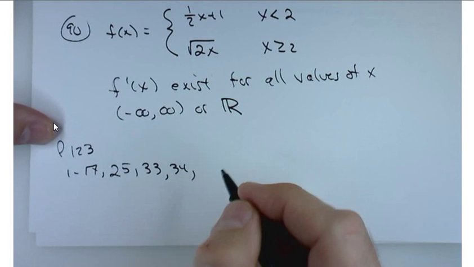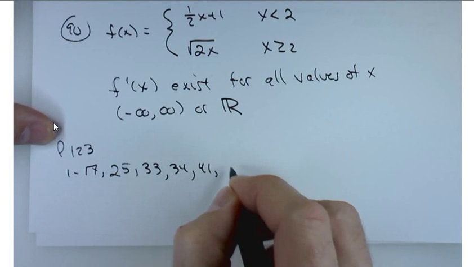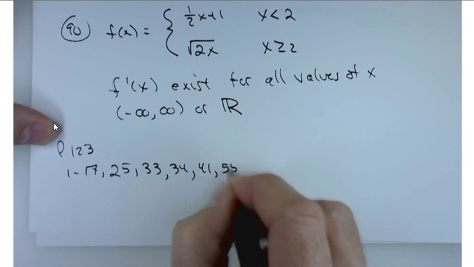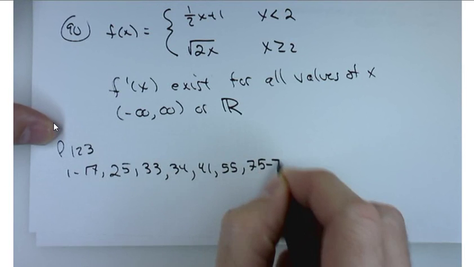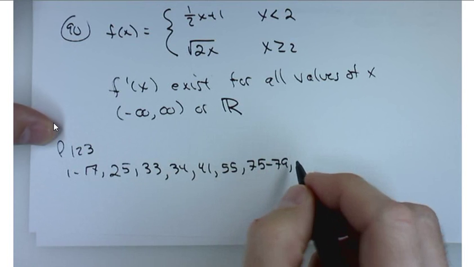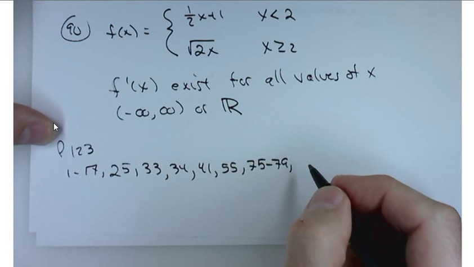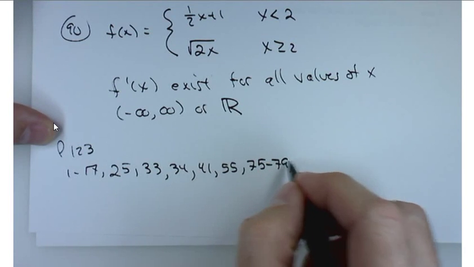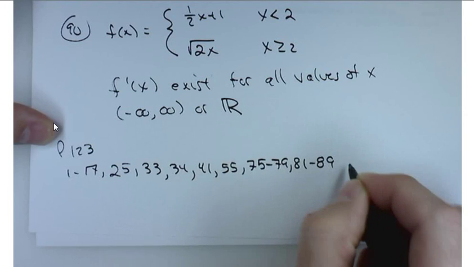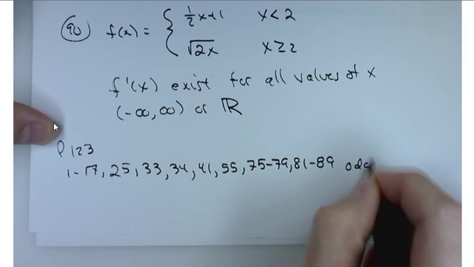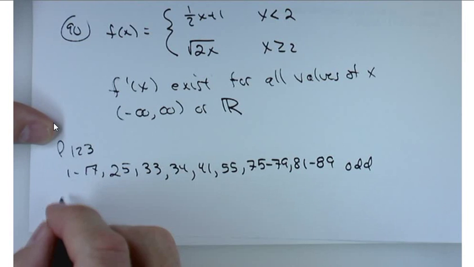Typically, these are just the odds. 41, 55, 75 through 89. So these are just the odds with that exception. And that's section 3.1.